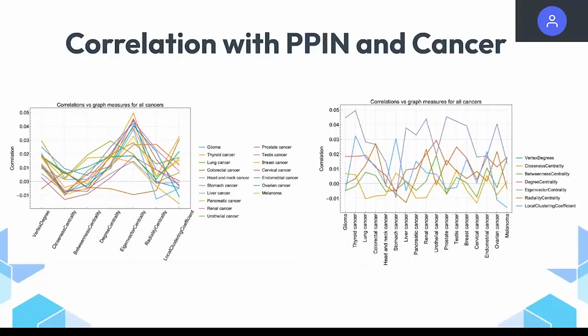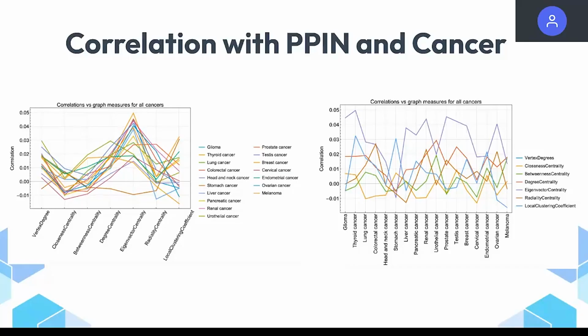Next, we compared these p-values with various PPI and graph measures. Earlier, David explained four of our graph measures, except here we also added two new ones, which are the radiality centrality and the local clustering coefficient, for more analysis. Generally, correlations above 0.7 mean meaningful relationships.